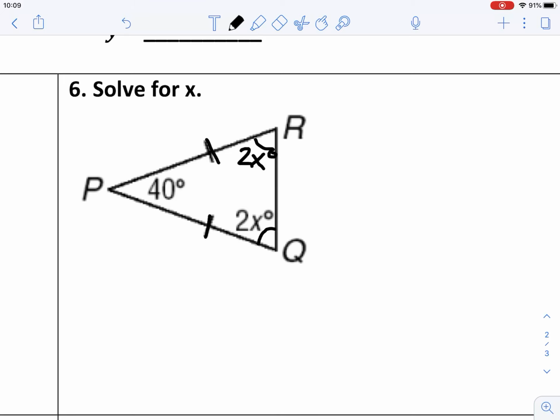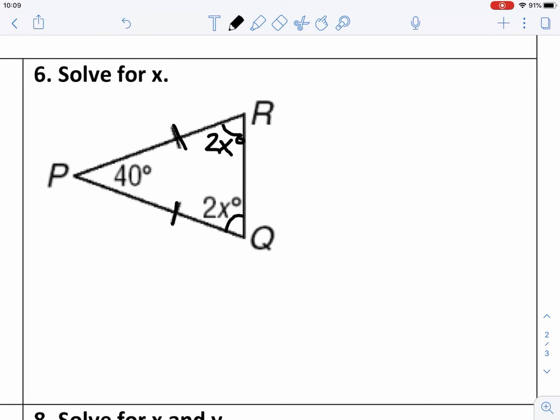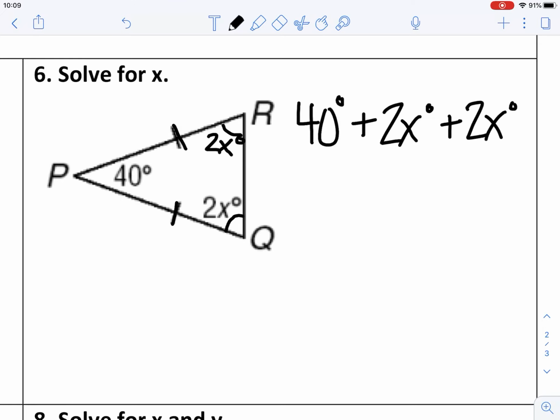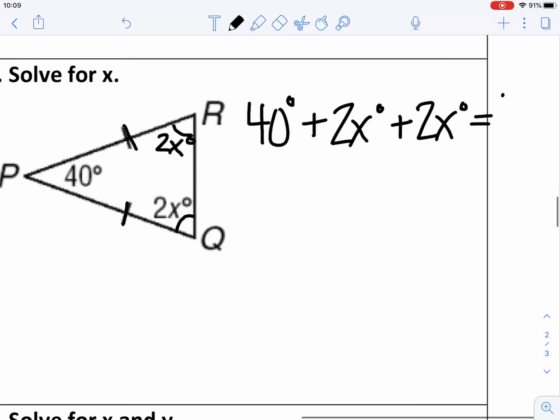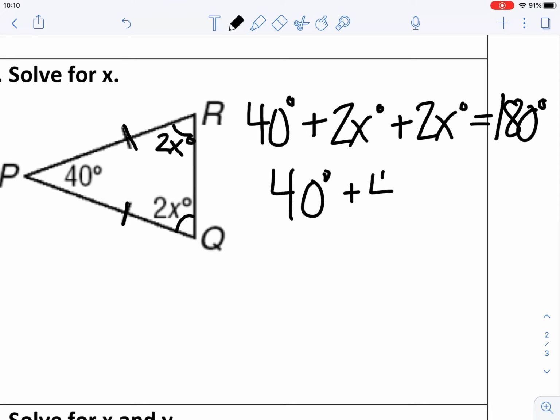And I know that the sum of the interior angles of a triangle is equal to 180 degrees. I'll add the measures of all three angles, set them equal to 180 degrees, and solve for my variable. In combining like terms, 40 plus 4x equals 180 degrees.